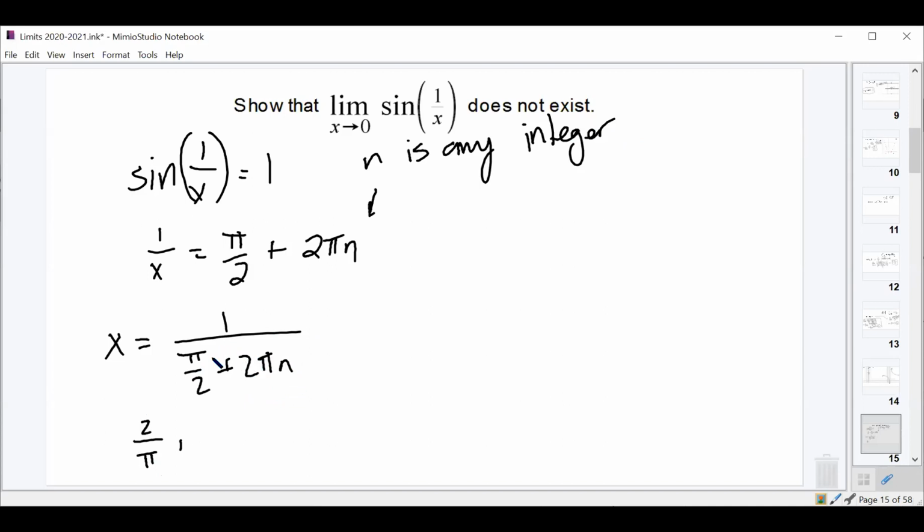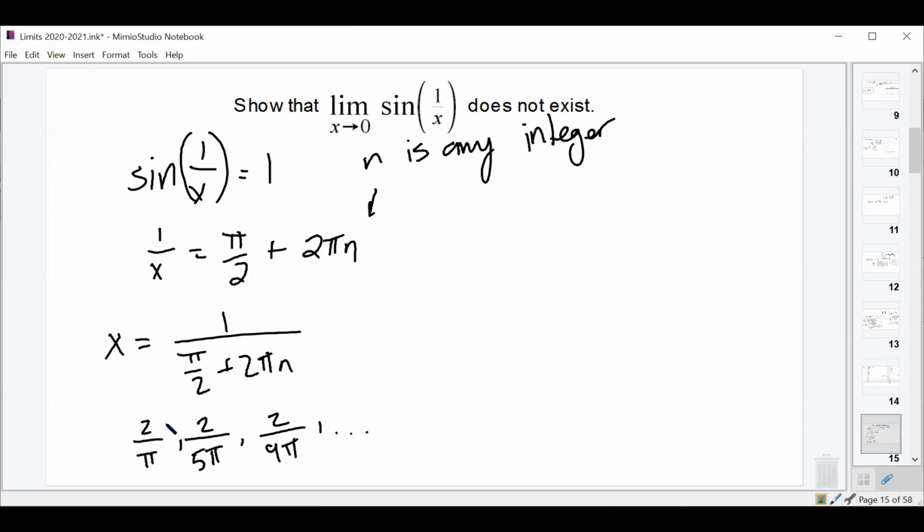I get pi over 2 plus 2 pi, which is 5 pi over 2, or 2 over 5 pi. What about the next one? Plug in n equals 2, I get 2 over 9 pi, right? And so on. I'm going to get 2 over 13 pi and 2 over 17 pi and 2 over 21 pi.